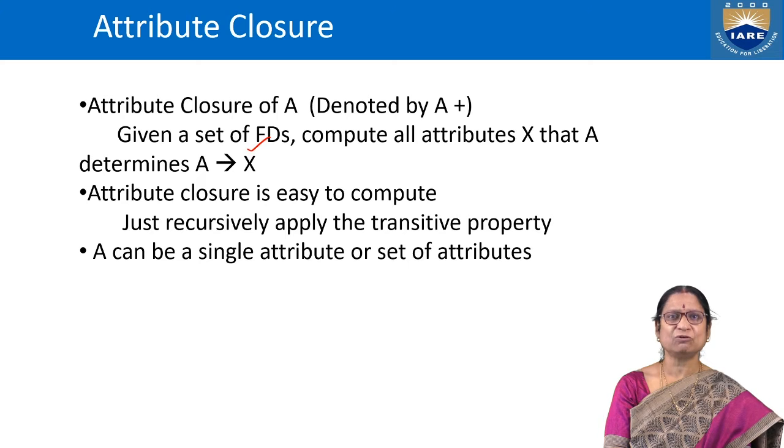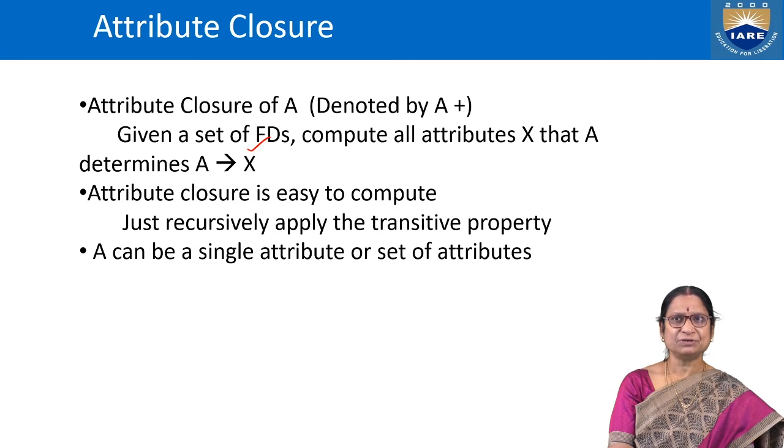That's why sometimes we call it an attribute set closure also. Attribute closure and attribute set closure are one and the same, because in our FDs, when A determines B, A and B may be attributes or sets of attributes.